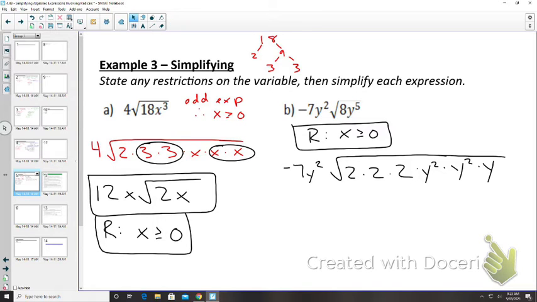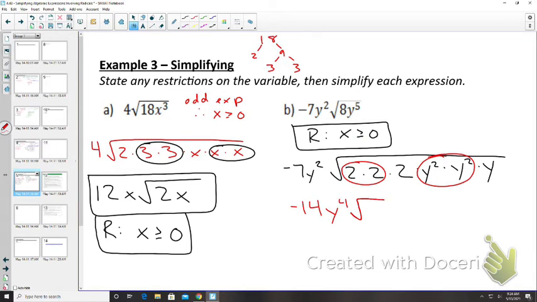Okay, again, let's look for some pairs. So I have 2 2s and 2 y squareds, so let's take those outside. So negative 7 times 2 is negative 14. And then y squared times y squared gives me y to the 4th. And what is left underneath the root is 2y.